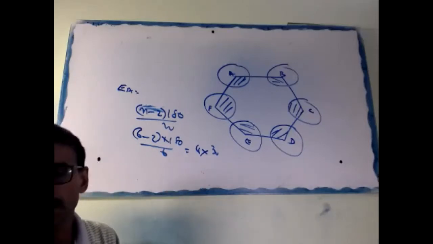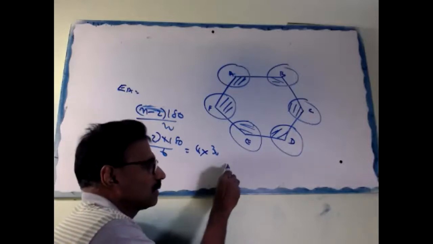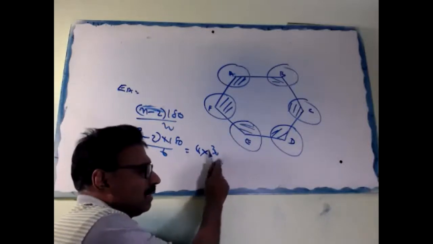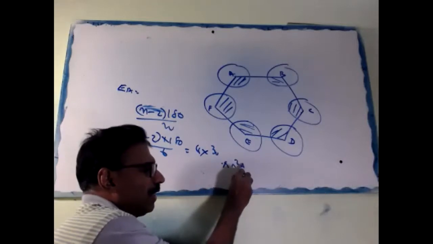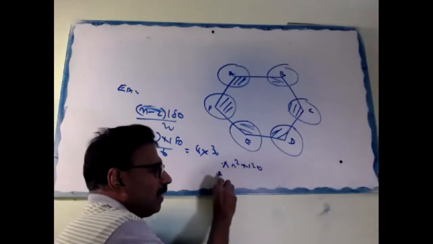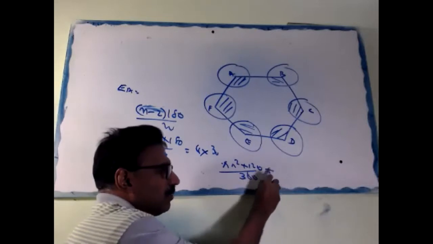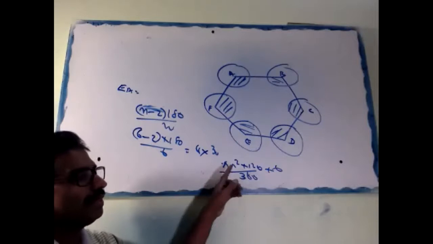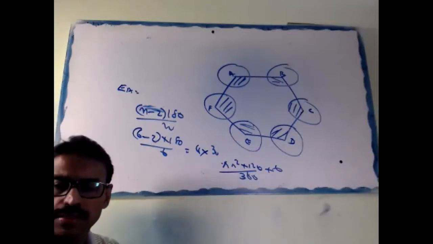So each angle is 120. Then that means the sector area is pi r square theta, 120 divided by 360, into 6. Correct or no? The sector area formula is what? Pi r square theta by 360.